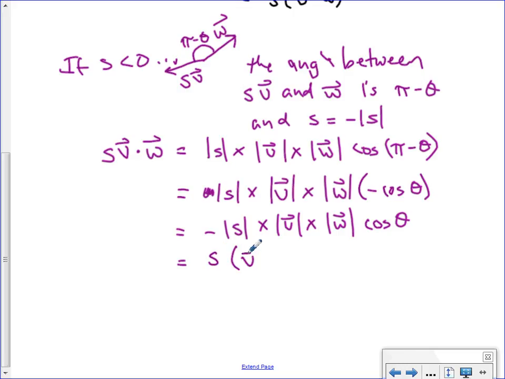Times V and W. So as you can see, even the direction didn't change the vector.